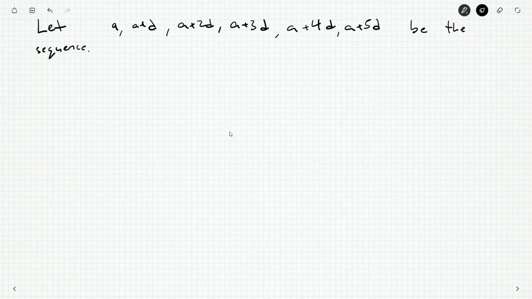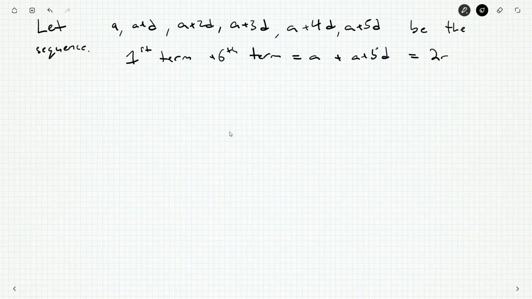All right. What do we want? We want the sum of the first and 6th terms. That's A plus A plus 5D, or really, that's 2A plus 5D. So that's what I want. I want to be able to get this in some calculation.